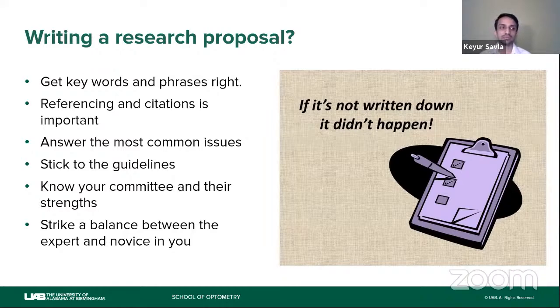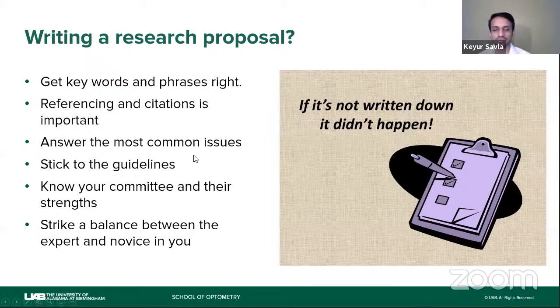So use those keywords. Referencing and citation, very important. Any kind of research proposal, if it has even a little bit of literature review, you have to have references and citation. I will not go into details on how to do that because I know there is another session. So please chime in to ForOptom for more information on referencing and citation.